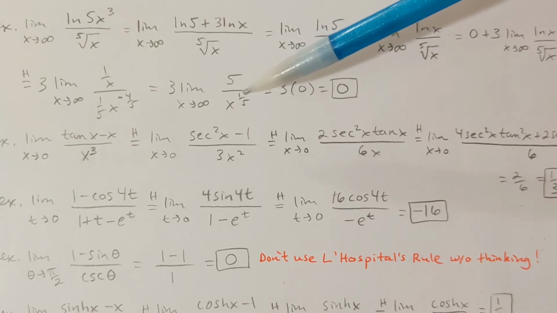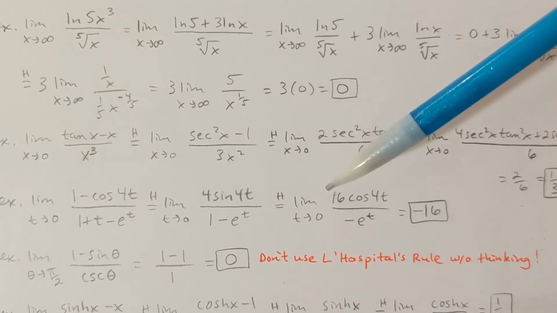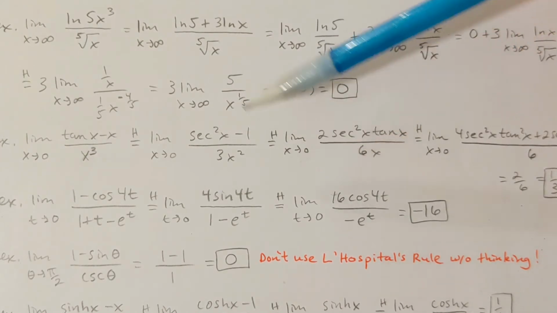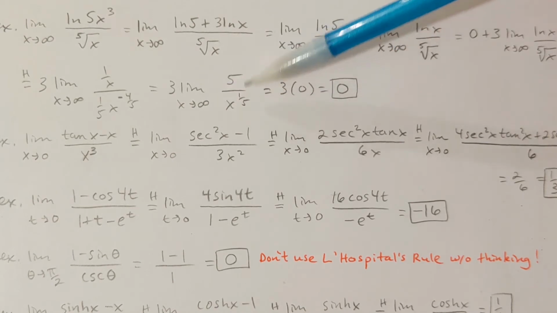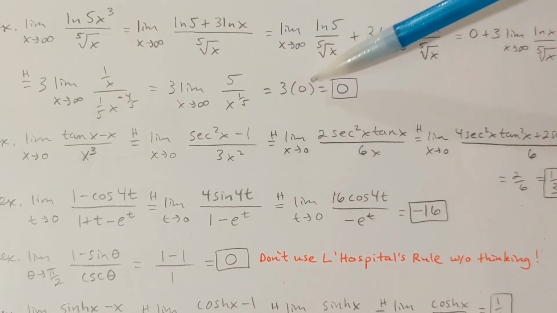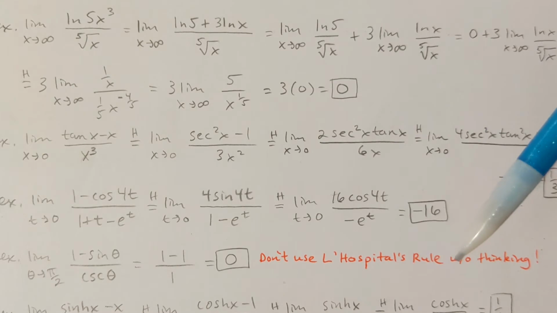Keep the base and subtract the powers. That'd be 5x to the negative 1/5, or 5 over x to the 1/5. And x is approaching infinity, right? So the denominator is going to be growing without a bound as the numerator just sits at 5. And that limit, therefore, would be 0. 0 times any number is 0, so the answer there is 0.